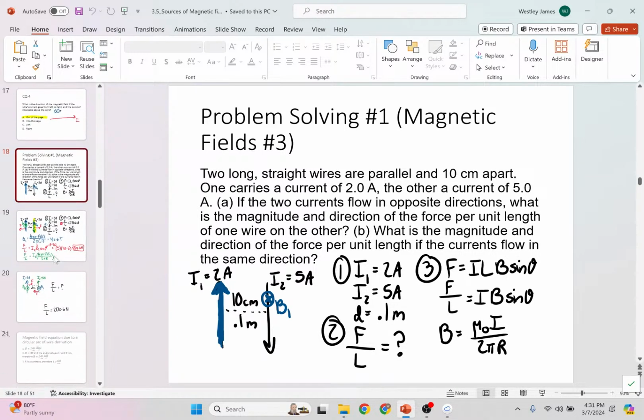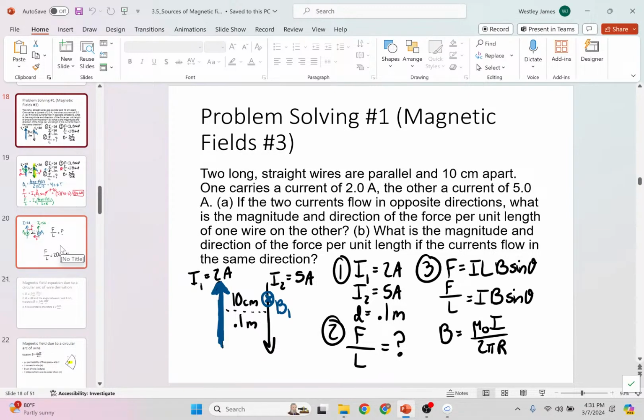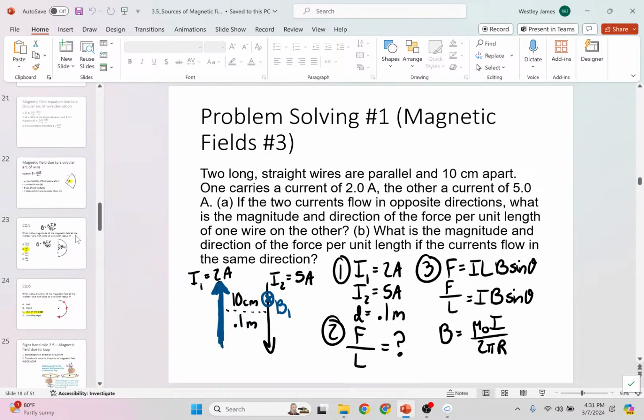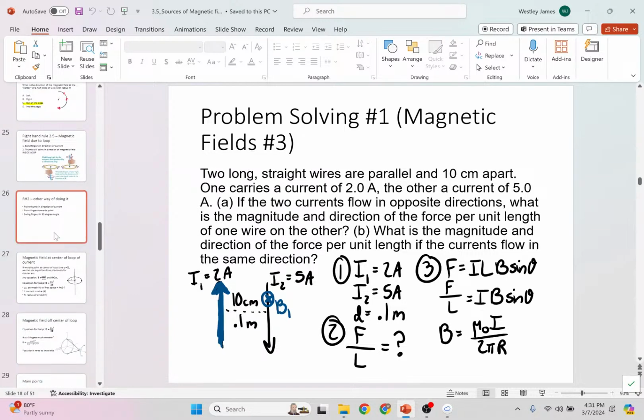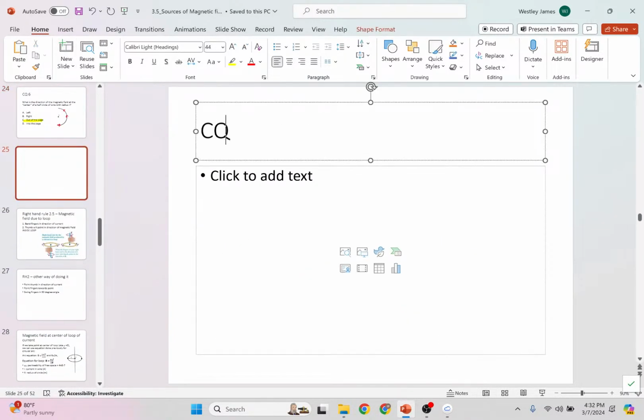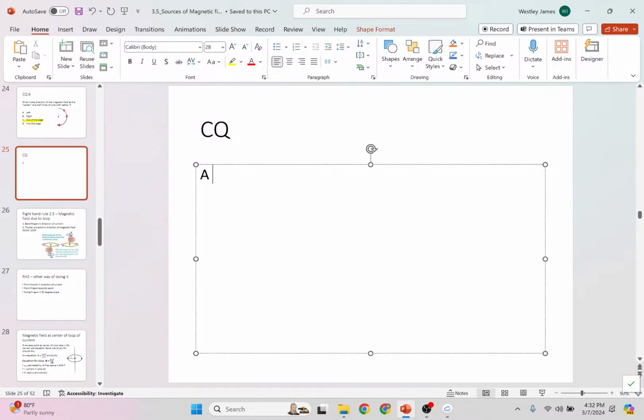We also learned that there are two right-hand rules. Right off the bat, there's right-hand rule 2.5, but I'll remind you of that in a second. Let's just make up a random question. A wire carries current to the left and a magnetic field pointed up.